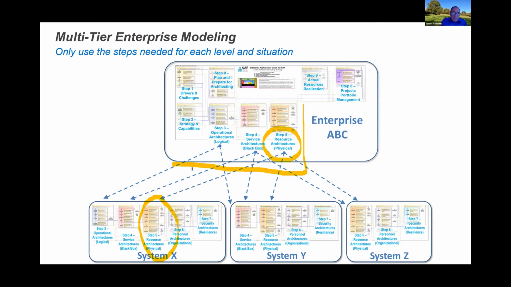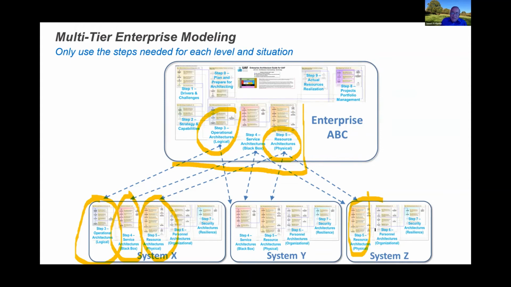So in the case of System X, they might take the operational architecture at the top level and modify it slightly just for the particular situation for that system. And they might modify some of the service architecture from above. If you go down to this system, they say, oh, we don't need to modify the operational architecture or service architecture.